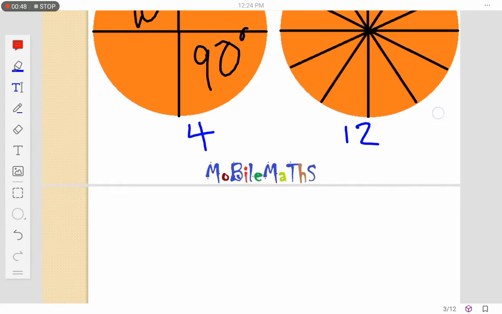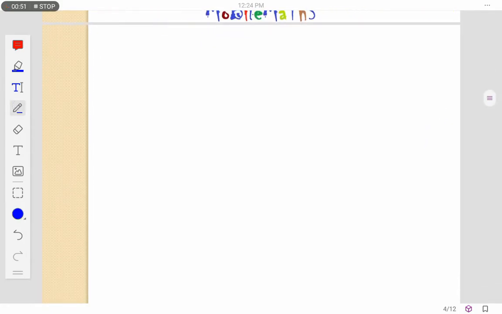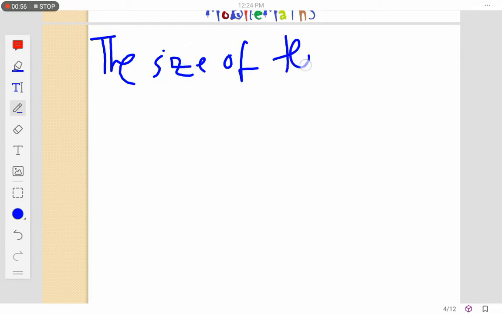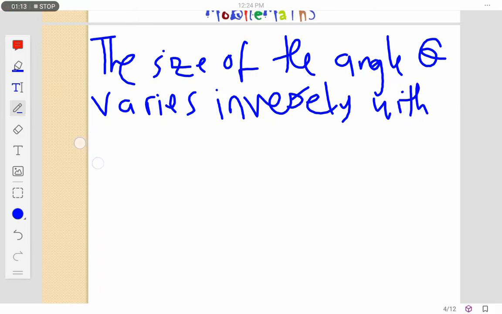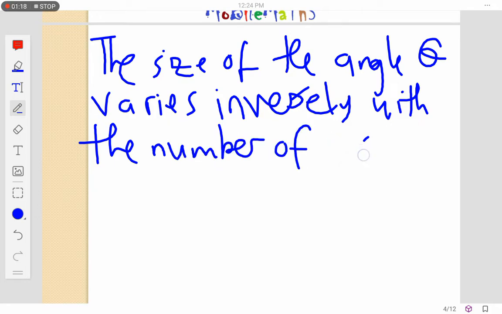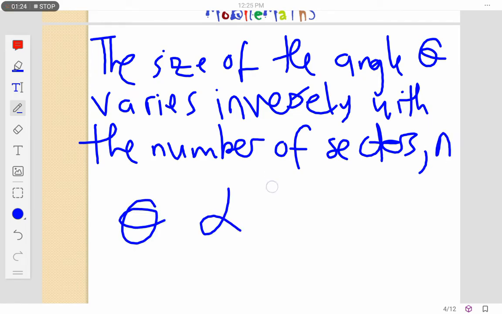So this we can write as a variation and say the size of the angle theta varies inversely with the number of sectors n. So theta varies with the inverse of n.